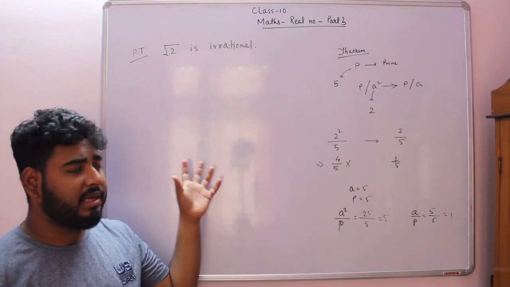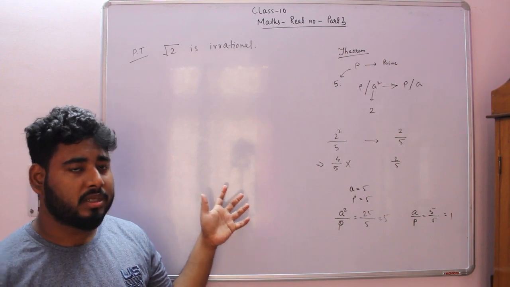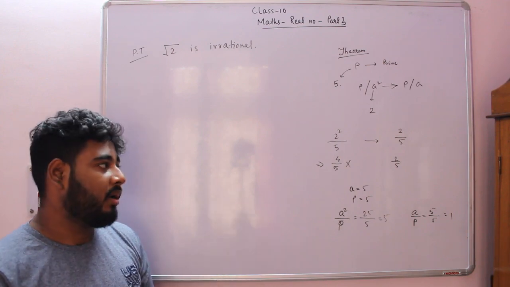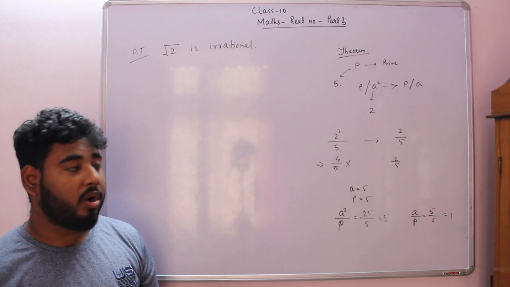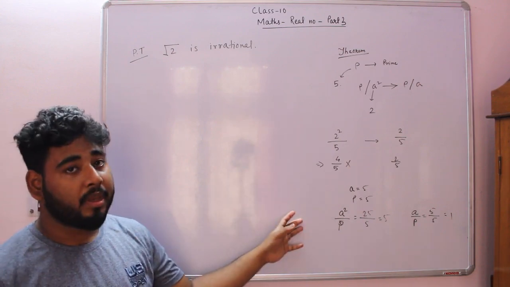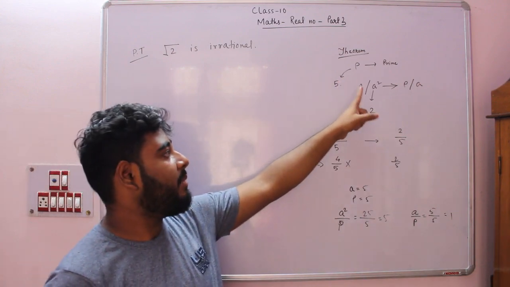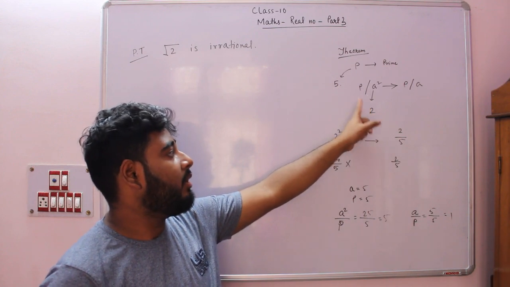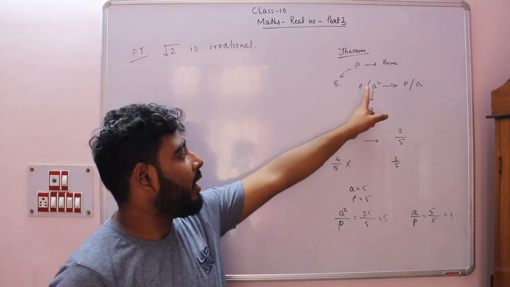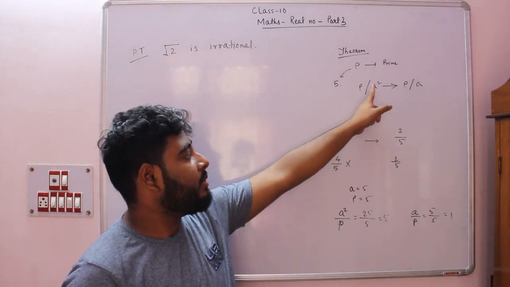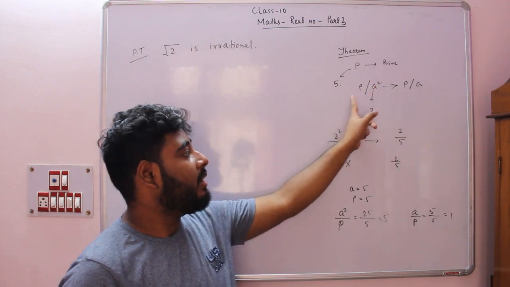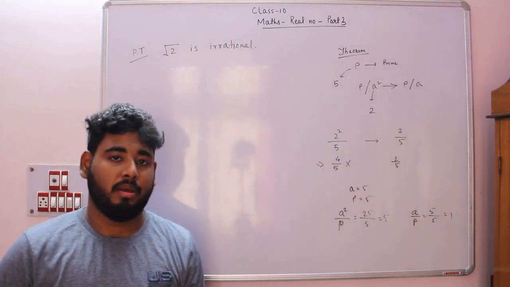It sounds a little difficult for you because you have just got to class 10, but later you will find it easy. Did you understand this? If p is a prime number and a is any number, the theorem says if p divides a square, that means if a square is divided by p, then a will also be divided by p.